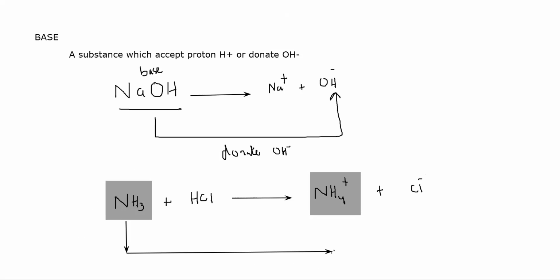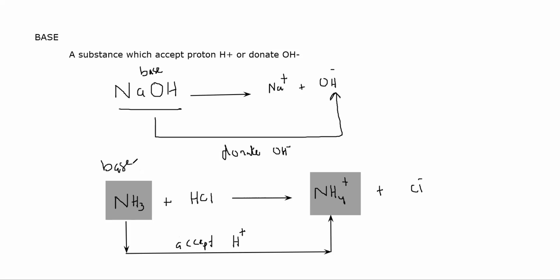Did it accept a proton or donate a proton? NH3 accepts. NH3 becomes NH4, so the hydrogen number or proton number increases. So we call that accepting a proton. If a substance accepts a proton, we also call that substance a base.